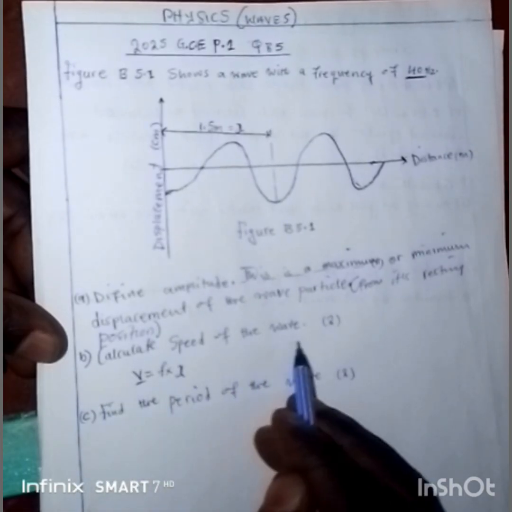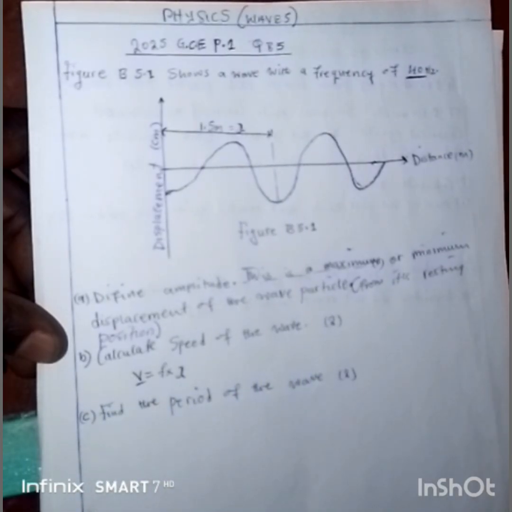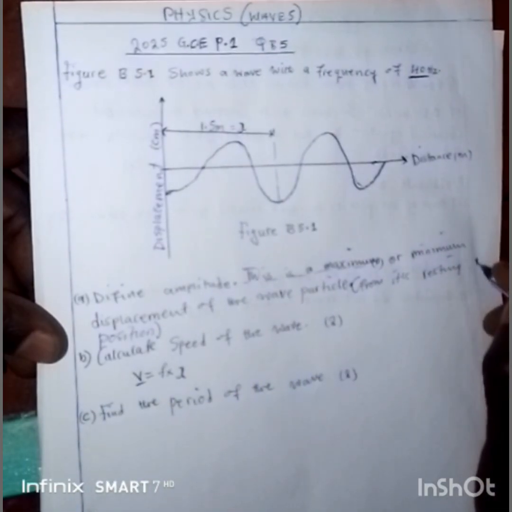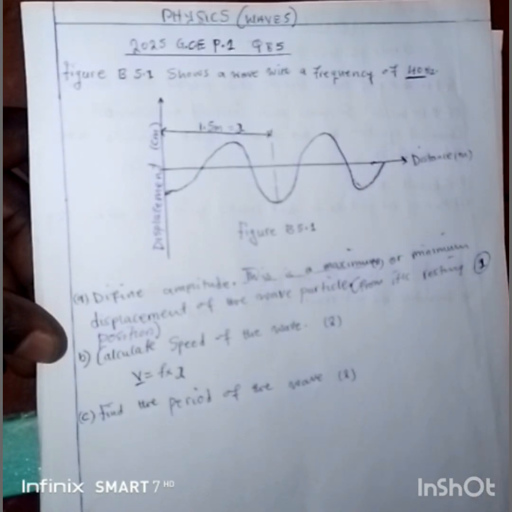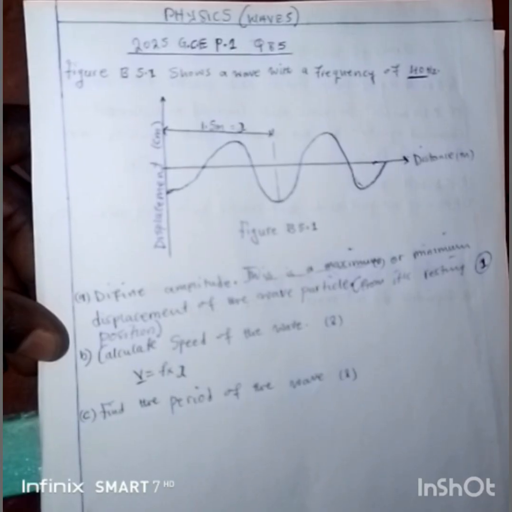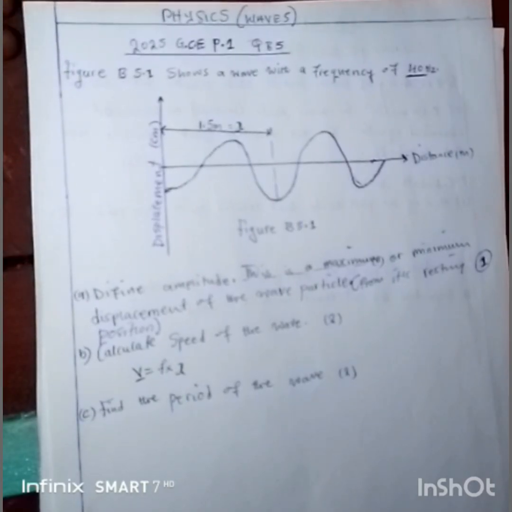Now, calculate the speed of the wave. That's the big question. This one was just 1 mark, so by just defining this, you get 1 mark. However, in each topic, especially in science subjects, you must know the key terms that are used in that particular topic.